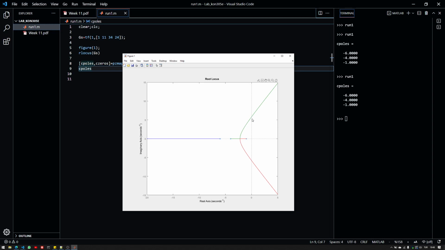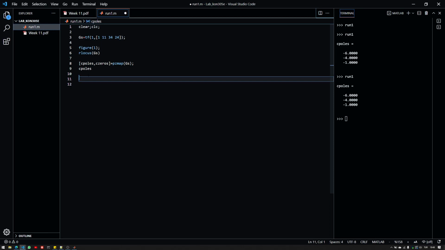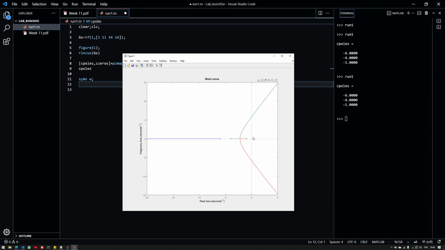But this is not that arbitrary. I know that it should not have any real part, so this is basically j omega, and I will call this point omega. So therefore I'll need a symbolic expression, and I'm looking for the distance here.